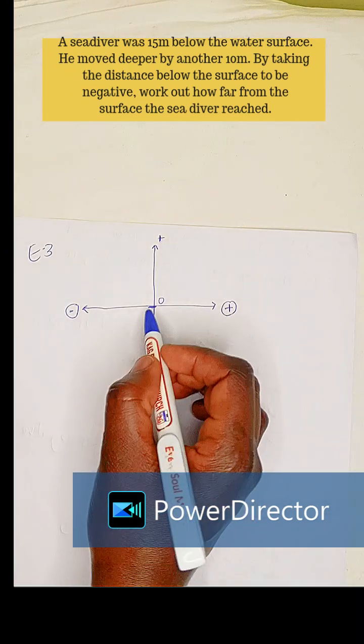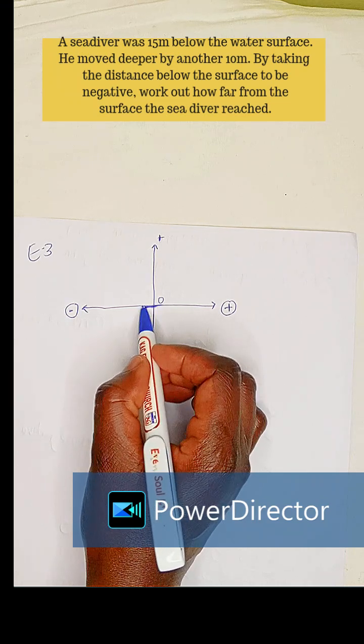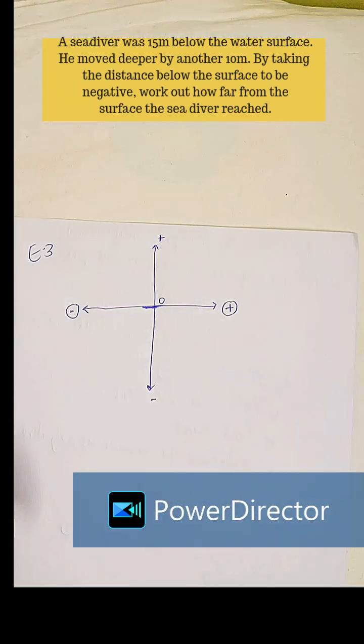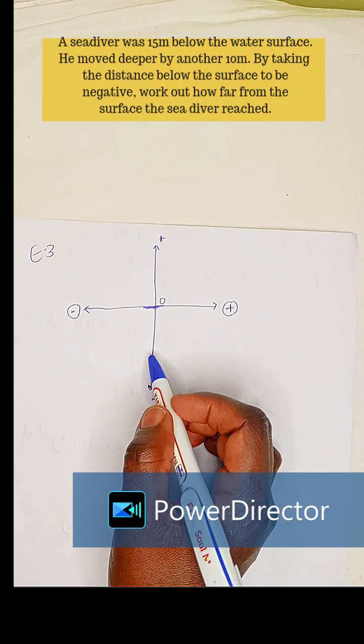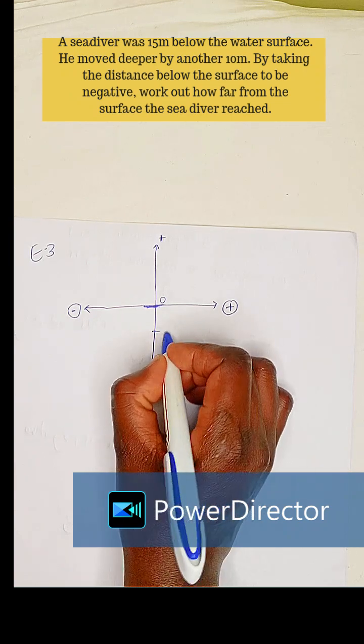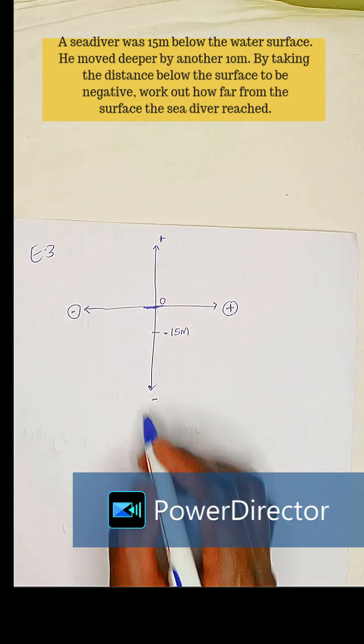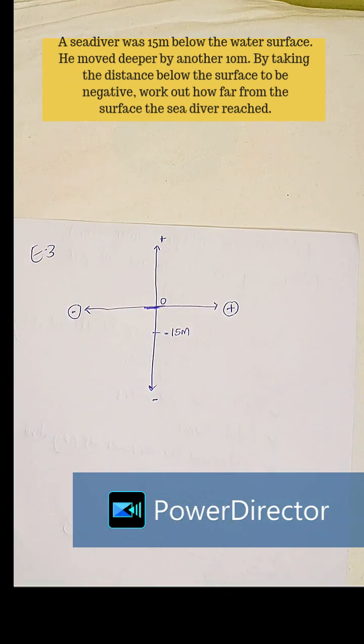Now, suppose this is the water surface. This is the one that separates downwards, down the water and above the water. Now, the sea diver was already 15 meters below. And remember, downward it's a negative.